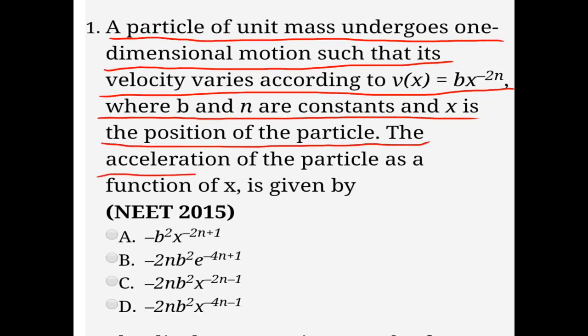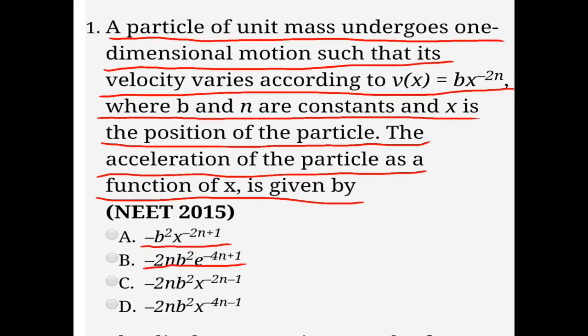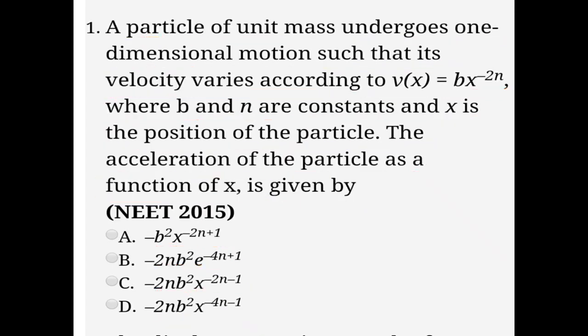The acceleration of the particle as a function of x is given by, there are four options: option A, minus b square x power minus 2n plus 1; option B, minus 2n b square x power minus 4n plus 1; option C, minus 2n b square x power minus 2n minus 1; option D, minus 2n b square x power minus 4n minus 1.